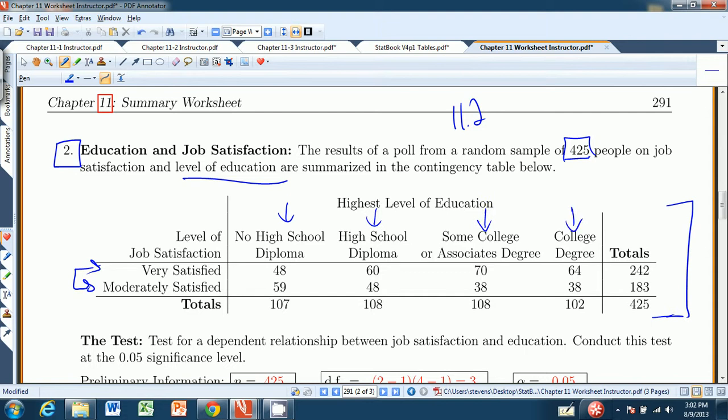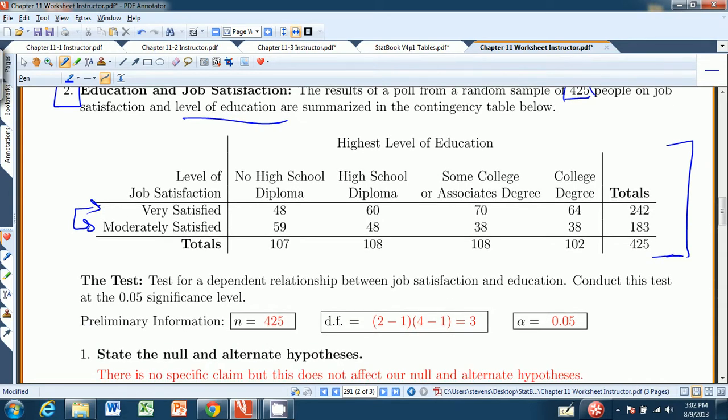So the column variable is level of job satisfaction, and the row variable is level of education. Right? And so we want to test, is there a dependent relationship between job satisfaction and education level? And we'll conduct this test at the 0.05 significance level.